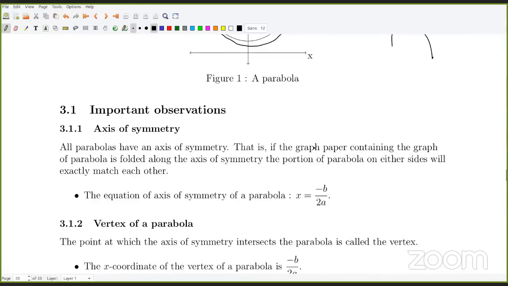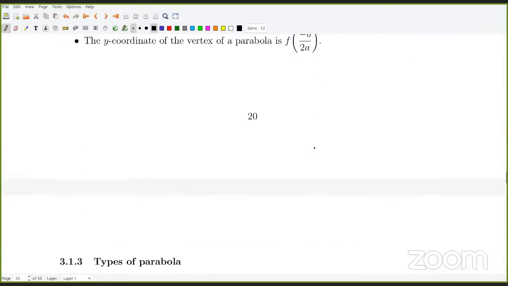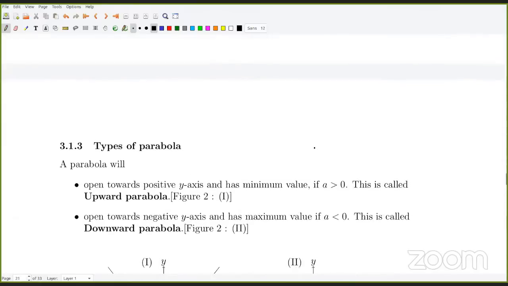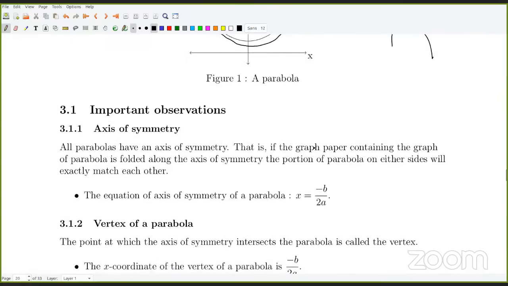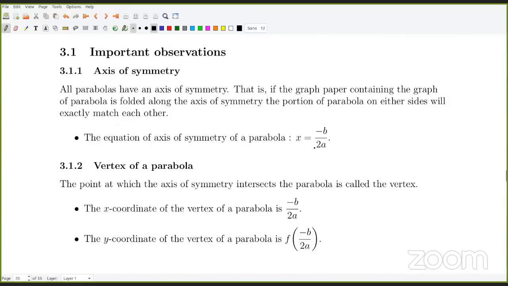Some important observations are the axis of symmetry and the vertex of a parabola. Every parabola will have an axis of symmetry.